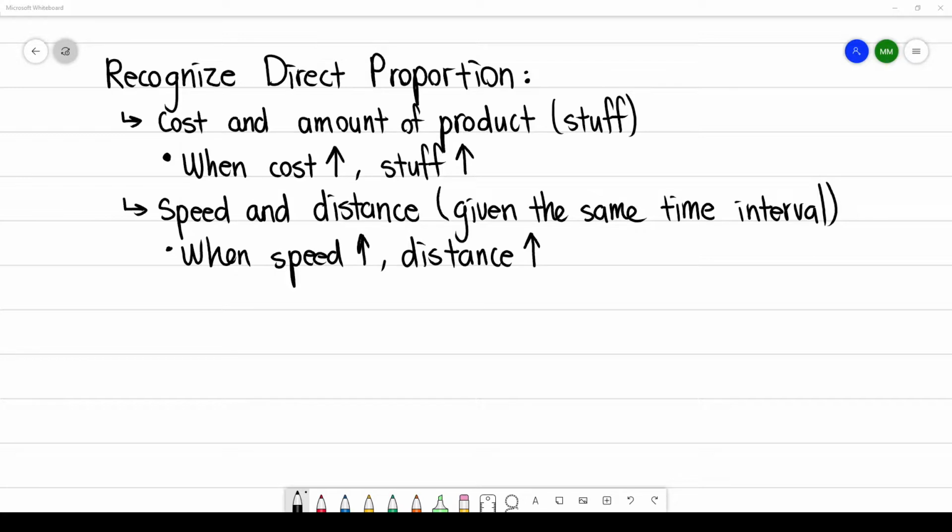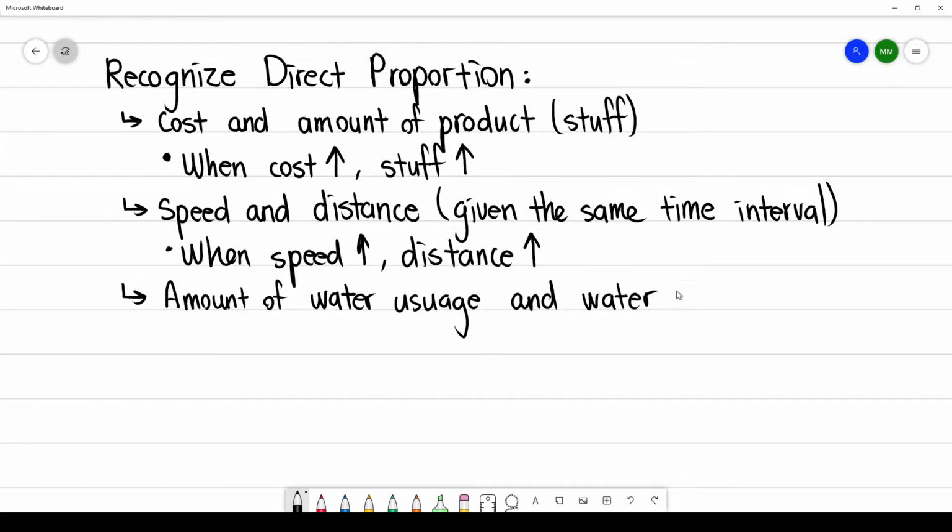The distance and gas consumption. Good point. So I'll write these down: amount of water usage and water bill.